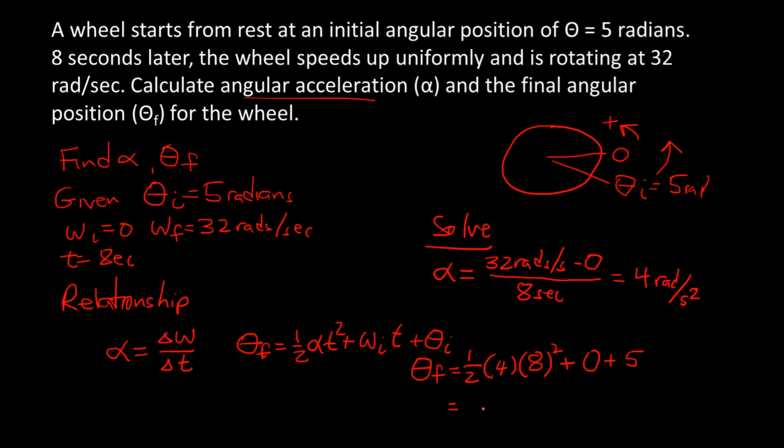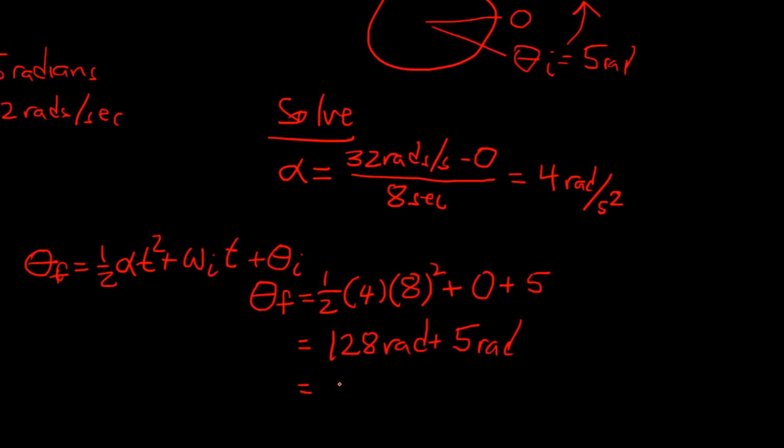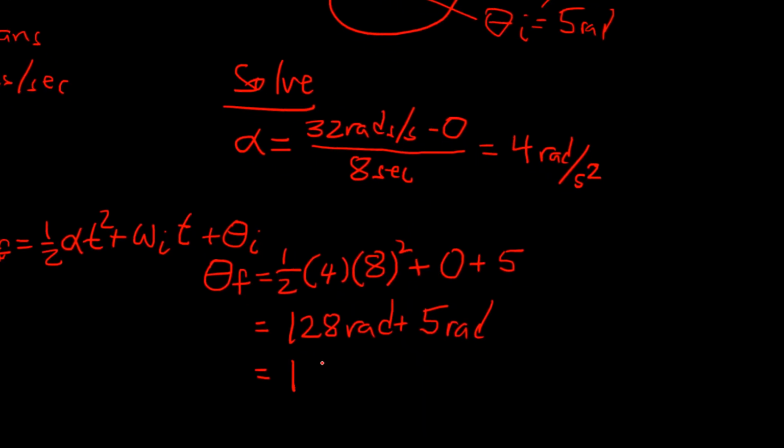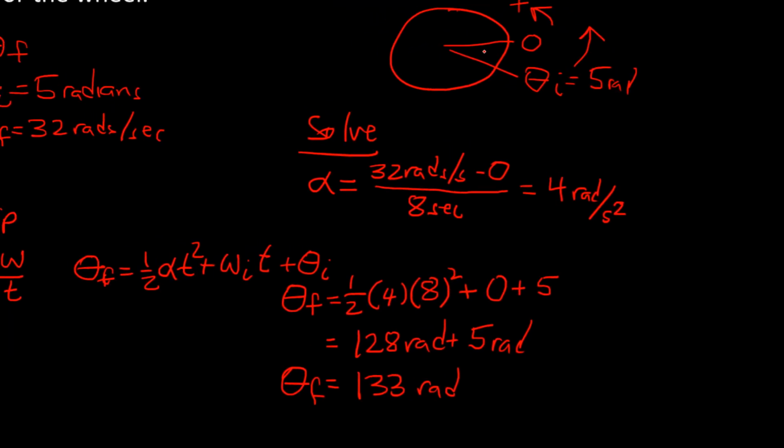Hope I get 128 radians here, plus my initial 5 radians. That tells me my final position is 133 radians. And we know every time we go 2 pi radians, we've got a complete circle. So what's this, maybe about 20 complete revolutions, something around there.